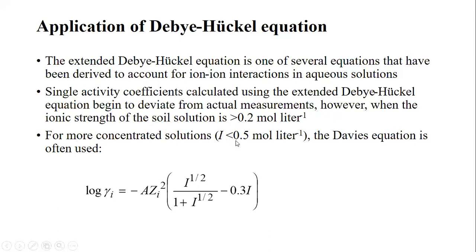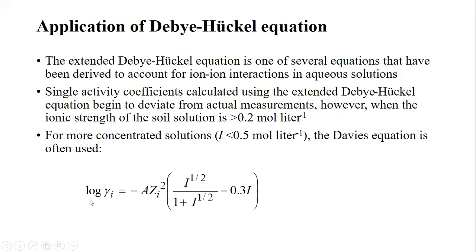I less than 0.5 mole per liter, greater than 0.2, remember, greater than 0.2, but it has to be also less than 0.5 mole per liter to use this equation, which we call the Davies equation, not Davis, Davies, I-E-S, Davies equation.